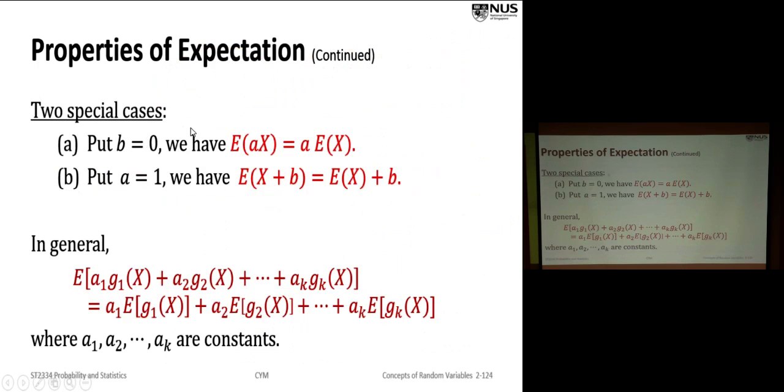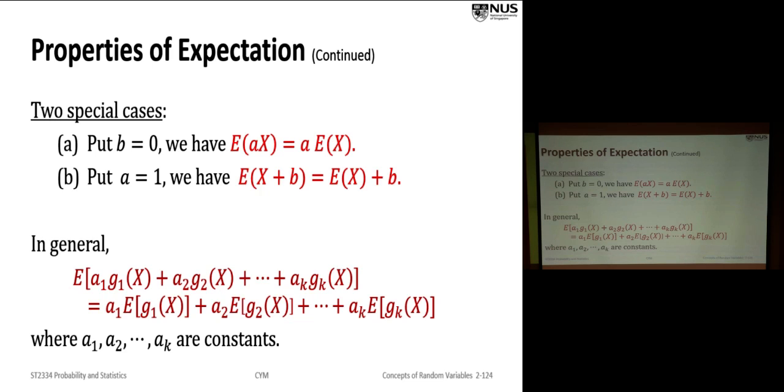All right, so in particular, if you put b equals 0, then expectation of ax equals a times expectation of x. If we put a equal to 1, then expectation of x plus b equals expectation of x plus b. So it's straightforward, but here is the interpretation. It means that if you have a new random variable, which is x multiplied by a constant, then your expectation is just the expectation of x multiplied by a.